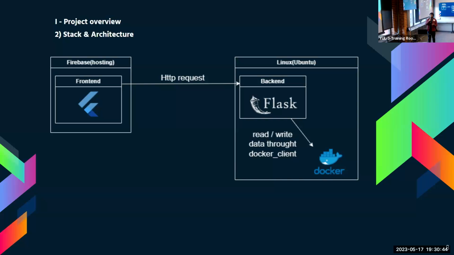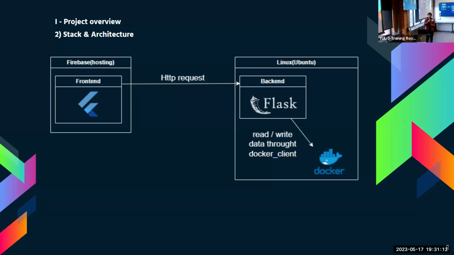So the application is really a basic one, like you encounter when you do it with React or Vue.js. It's really a simple front-end application doing HTTP requests to an API built with Flask. For people who don't know, Flask is just a simple framework built with Python, in order to communicate with Docker on my machine, on my system.